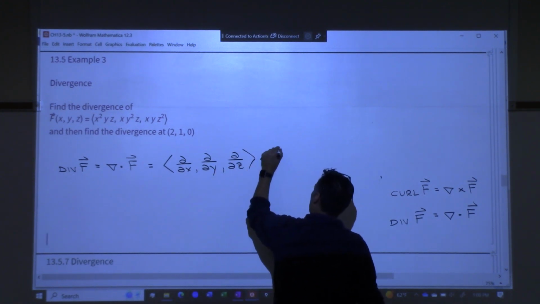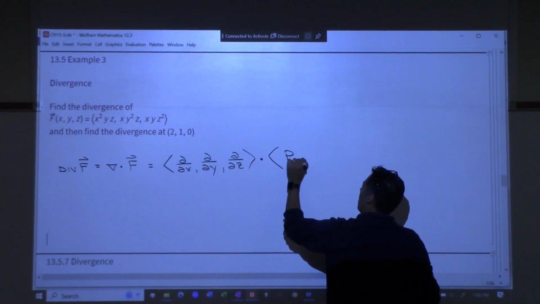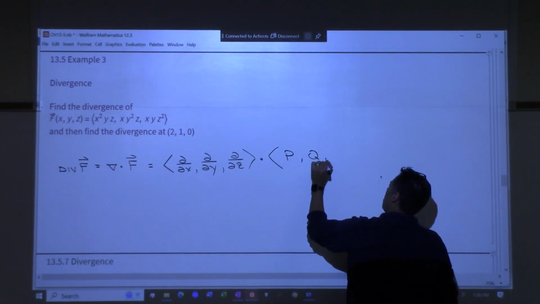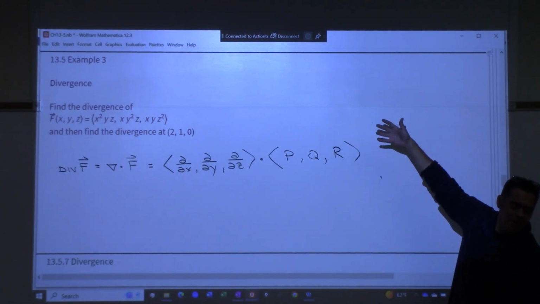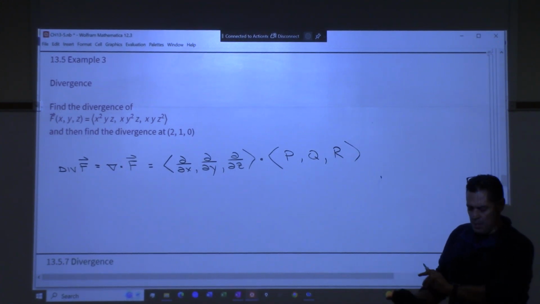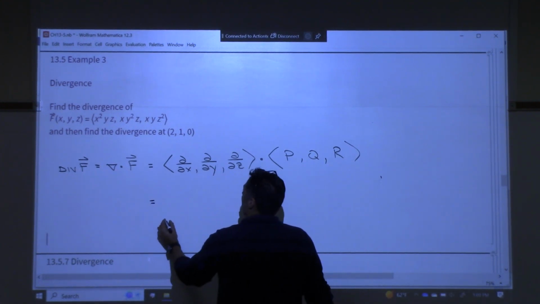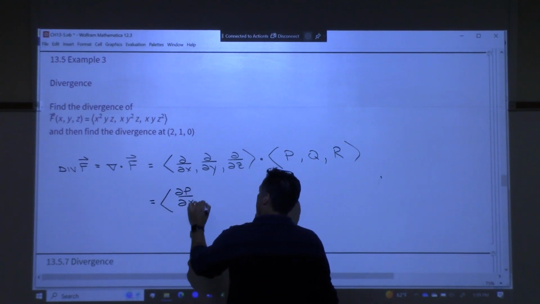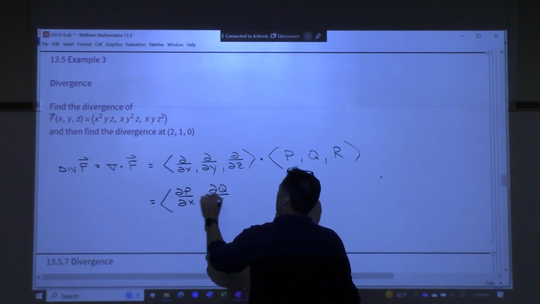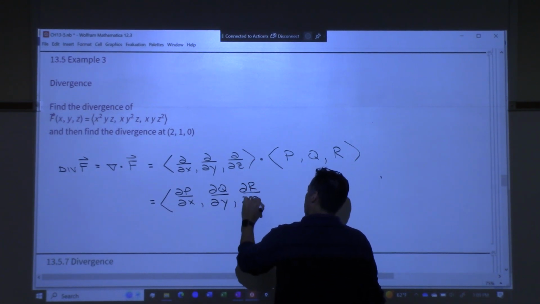We're going to dot that with the field P, Q, R. I'm just writing out the definition, which is above this note, just so we can see it again, which is the partial of P with respect to x, partial of Q with respect to y, partial of R with respect to z.